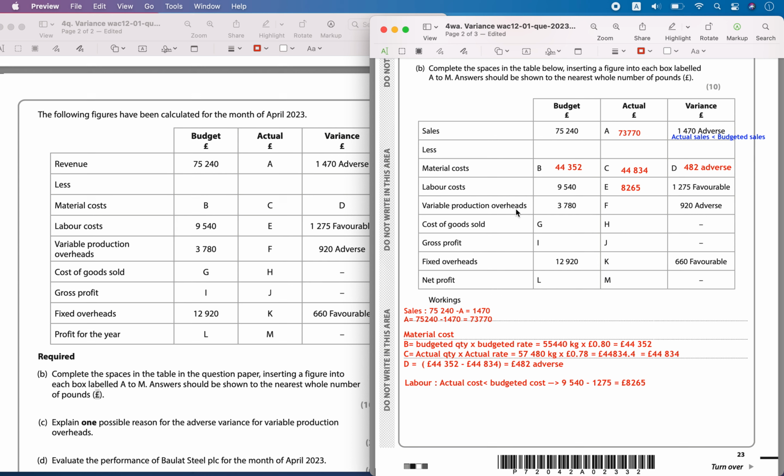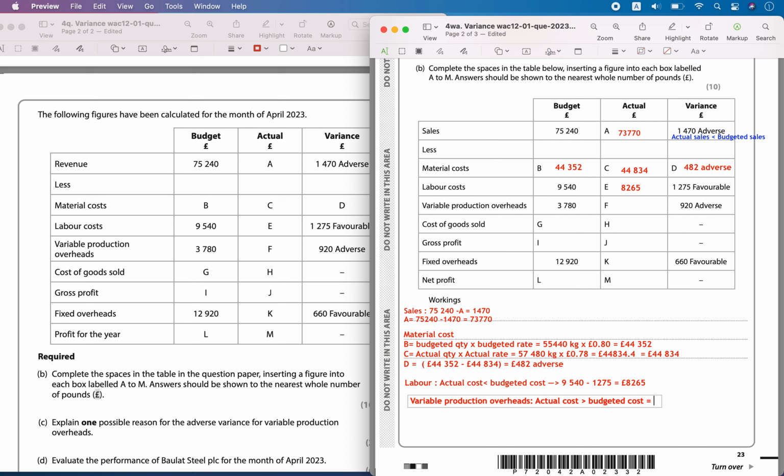Now variable production overheads. The production overheads of the actual has become greater, that's why it has become adverse, than my budgeted. So how will you write this here? For variable production overheads, I am seeing that they have said it has become adverse, which means my actual cost has become greater than my budgeted cost.